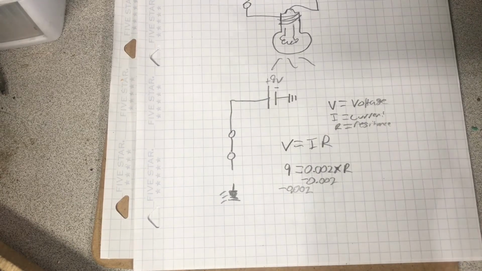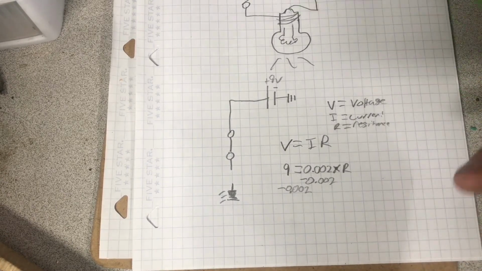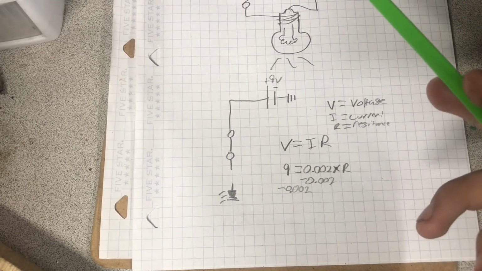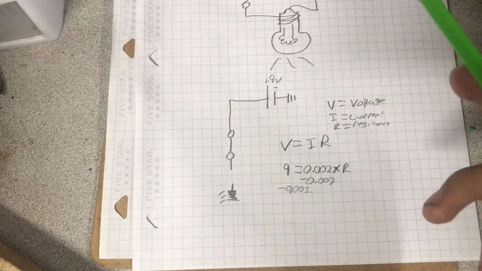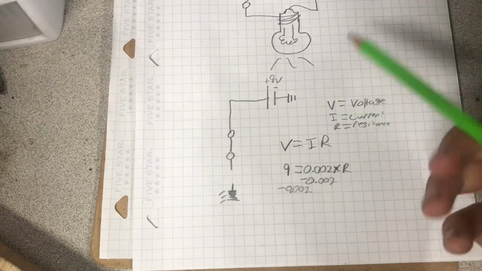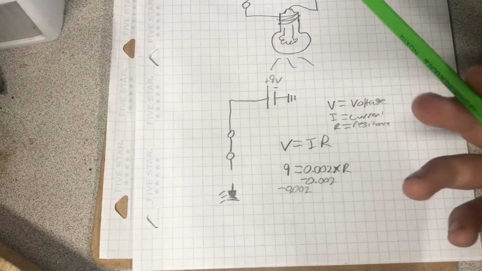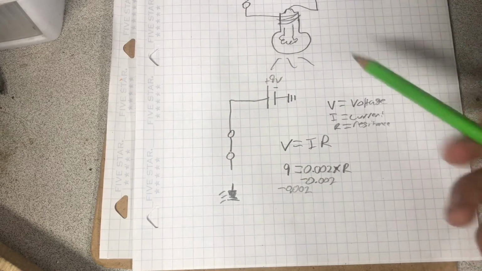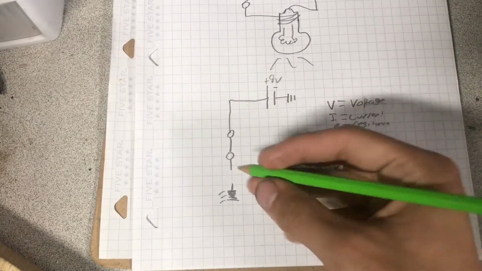So this would be about 350 or 400 ohms. So, yeah, 350 ohms is our ideal one.